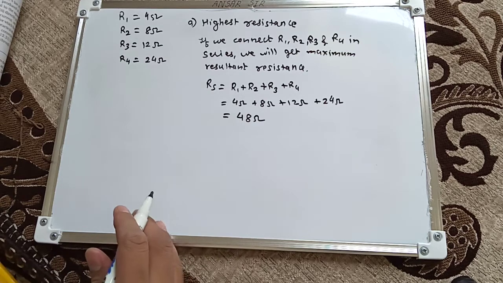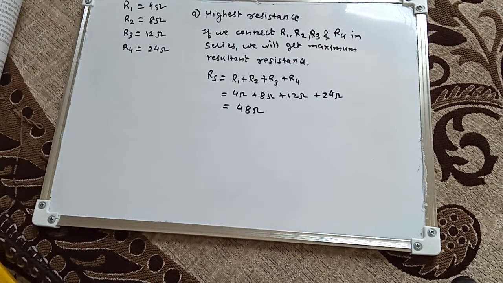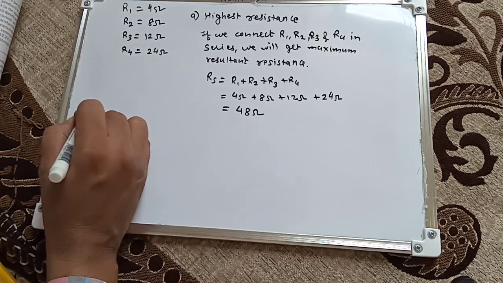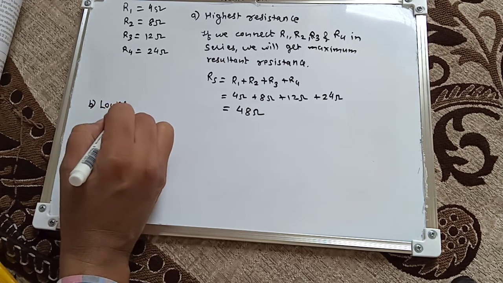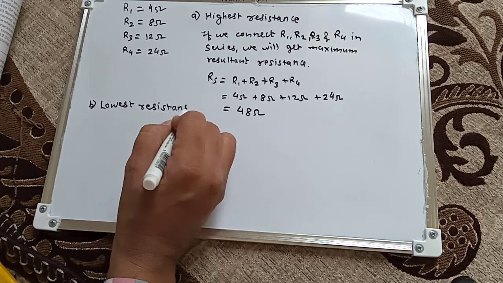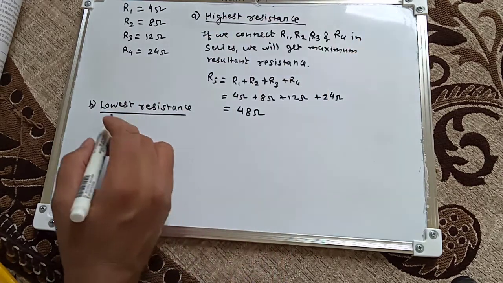So this is the maximum resistance that we can get by using these 4 resistances. Okay, now we want minimum resistance, lowest resistance. So B is lowest resistance. That was for highest resistance.